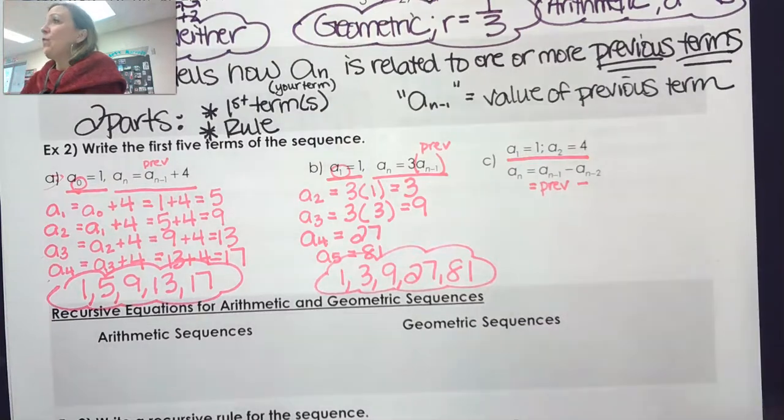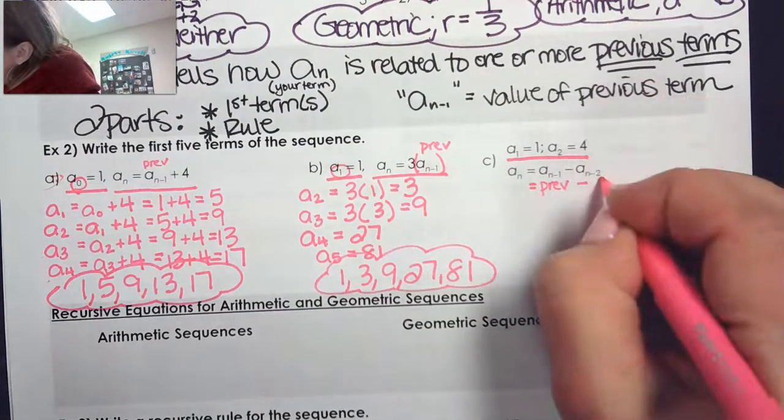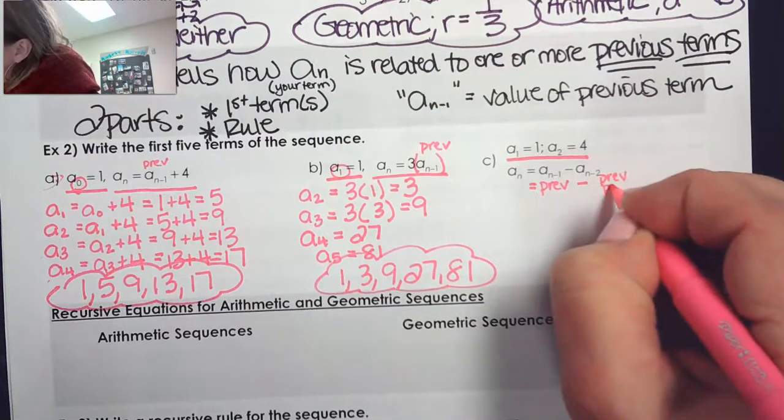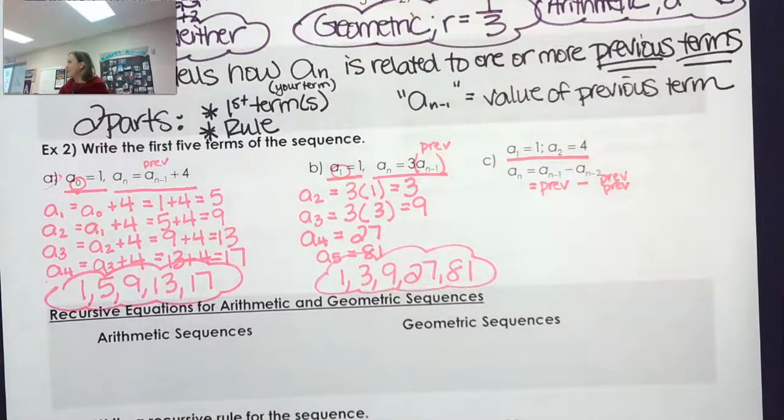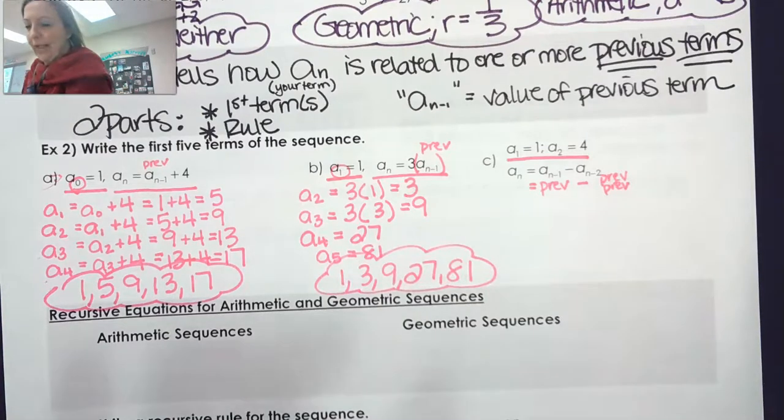If a sub n minus 1 is the previous term, what's a sub n minus 2? The one that's 2 terms before, right? So I call that the previous term. It's not an official name, okay? But if a sub n minus 1 is 1 before, a sub n minus 2 is 2 before, okay?